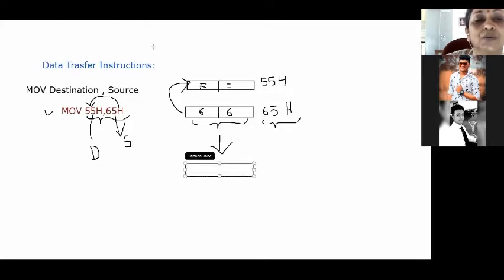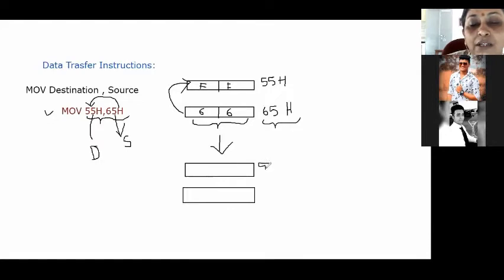After execution of the instruction, the situation of the memory locations will be like this. This location is 55 hexadecimal, and this location is 65 hexadecimal.